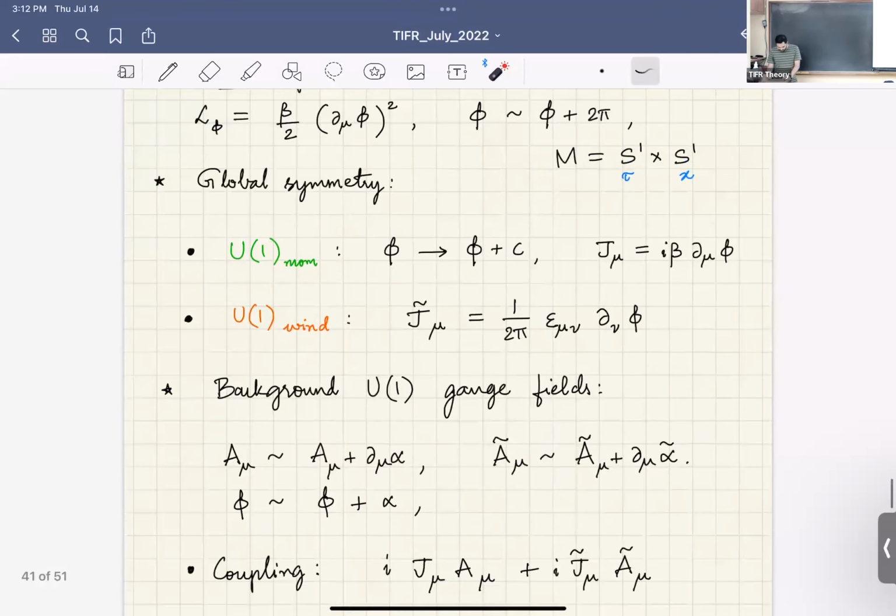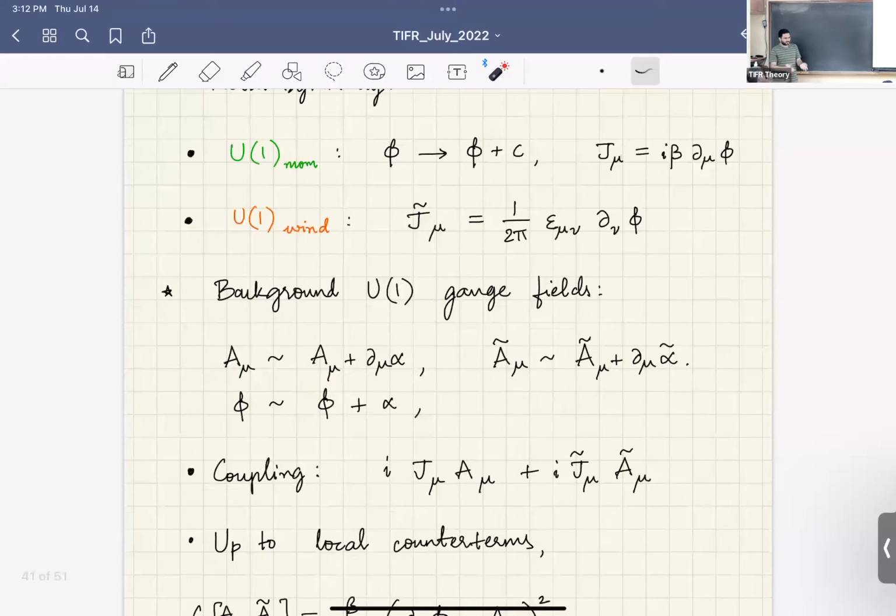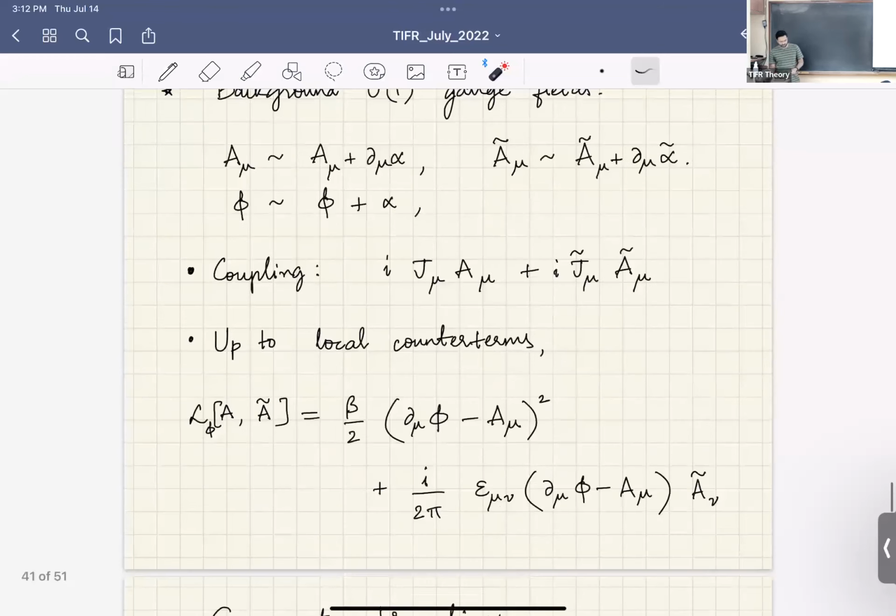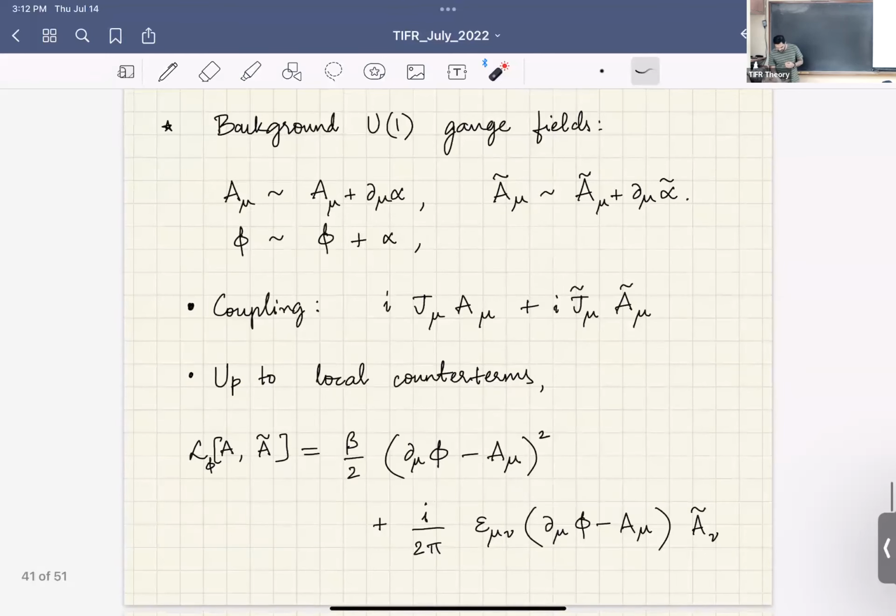After that, we can add some local counterterms and write it in this form here. This part is clearly gauge invariant, and this part is gauge invariant under the momentum symmetry gauge transformation, but it's not gauge invariant under the winding symmetry gauge transformation.